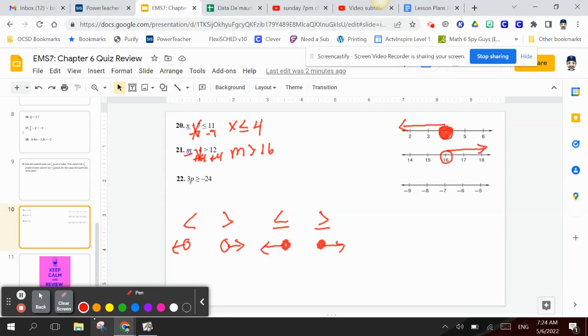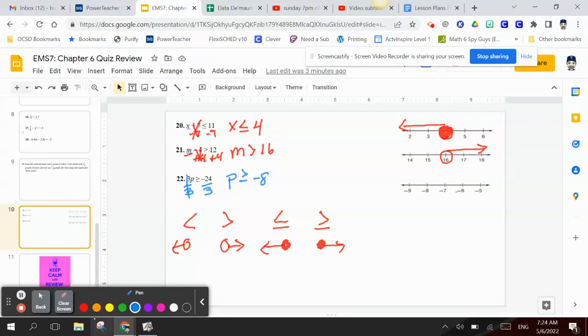Number 22, I have 3 times some number is greater than or equal to negative 24. So again, I am going to divide each side by 3. 3p divided by 3, my 3's cancel out, leaving me with p is greater than or equal to negative 8.